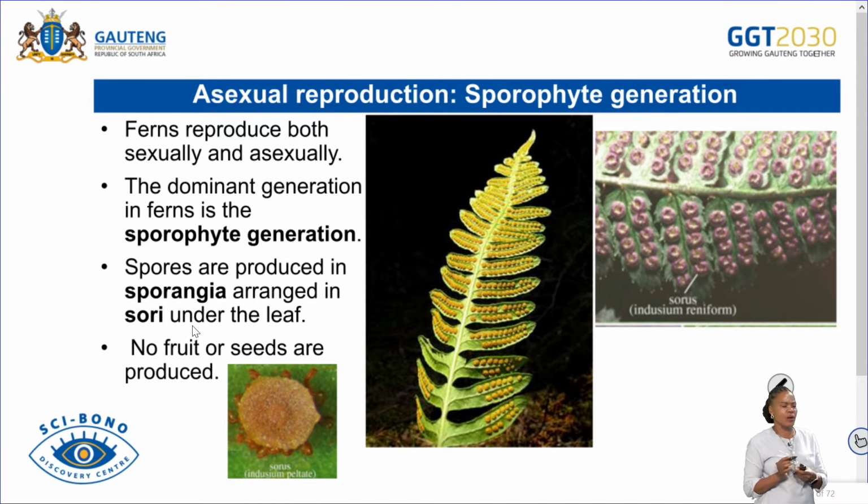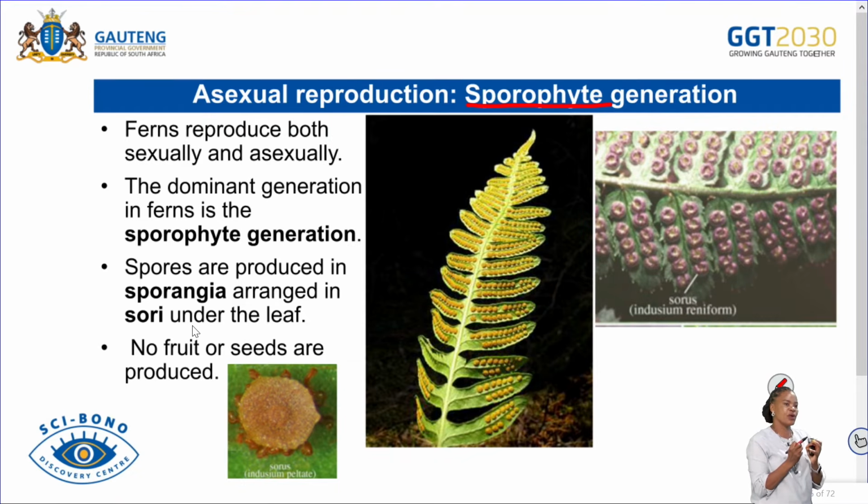Now, when we check the reproduction of the ferns, they reproduce asexually by means of spores. They can also reproduce sexually by means of fusion of gametes. The asexual reproduction takes place on the sporophyte generation.